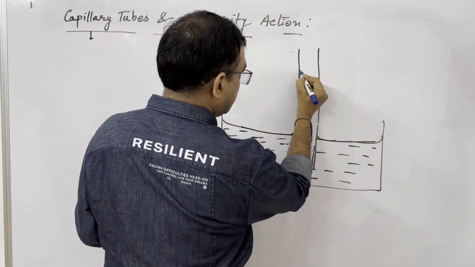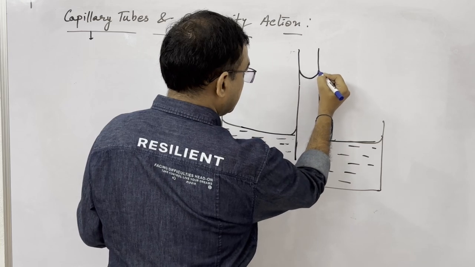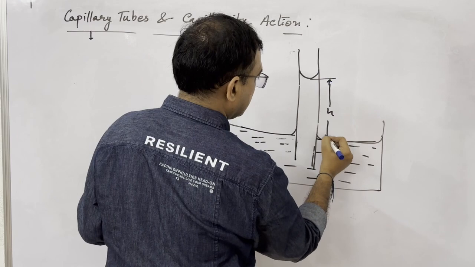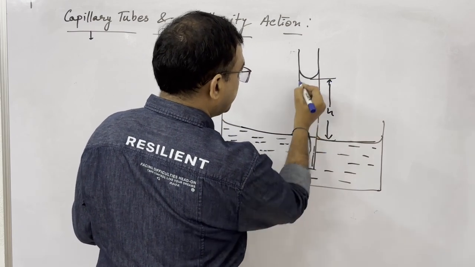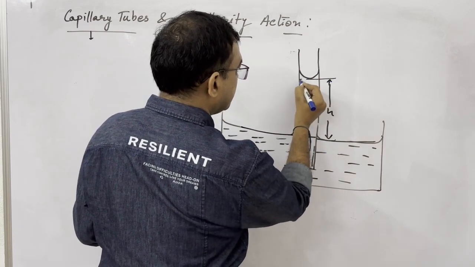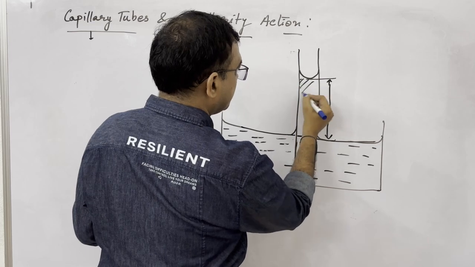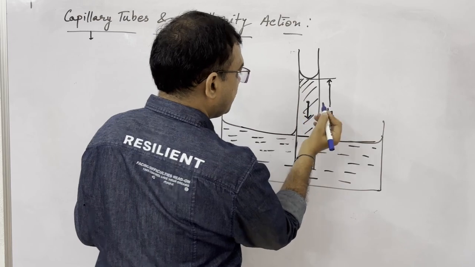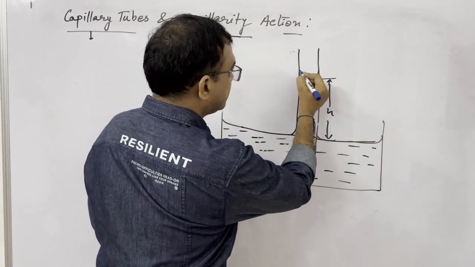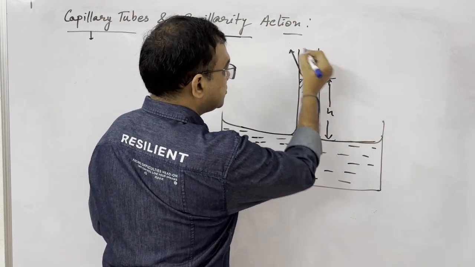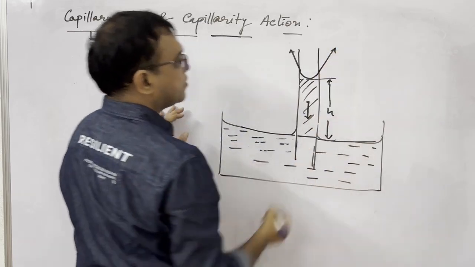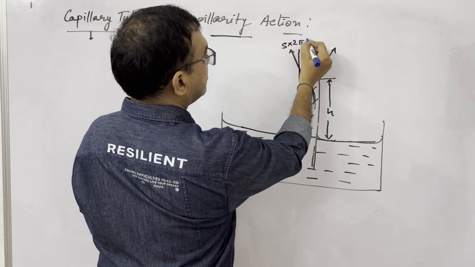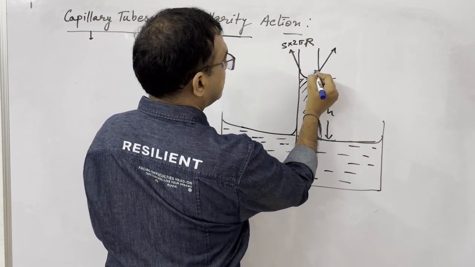Now, let us say liquid rises to a height h, then this particular part of the liquid, weight of the liquid is balanced by the surface tension force. Now, surface tension force is S into 2 pi r in this direction.